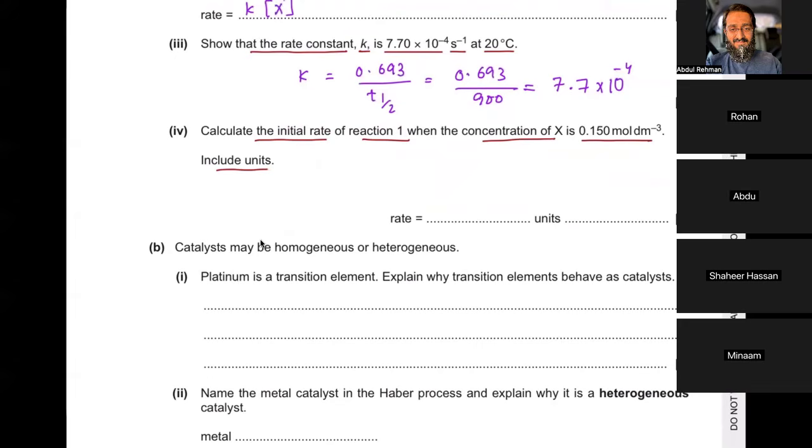Okay. So they have given you the concentration. Rate is equal to k times concentration of X. We know the value of k, which is 7.7 exponent minus 4, times the concentration of X, 0.15 mole per dm cube.